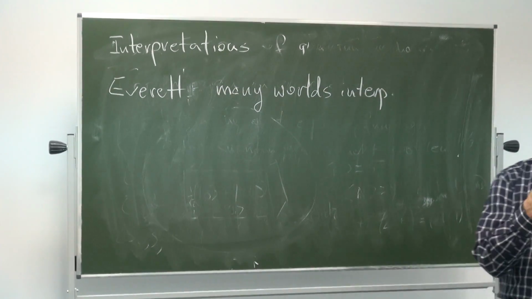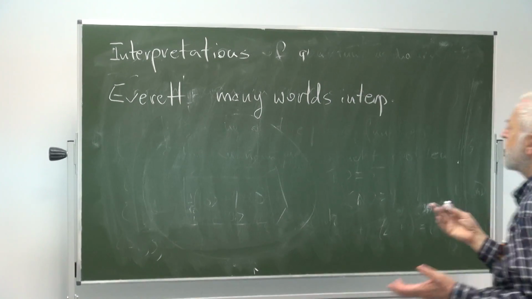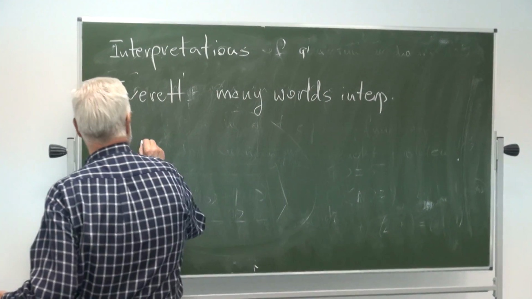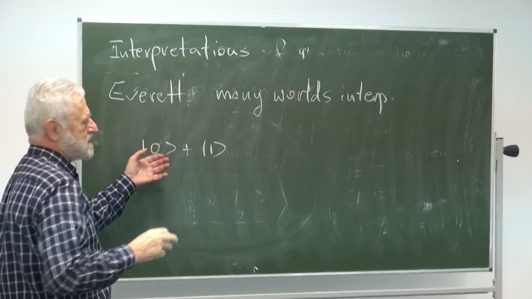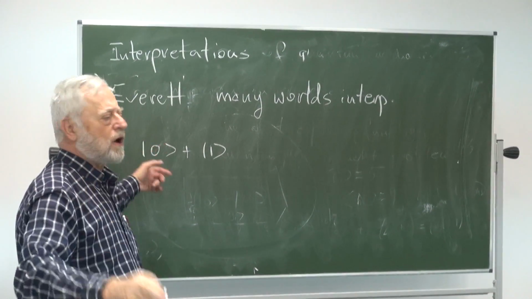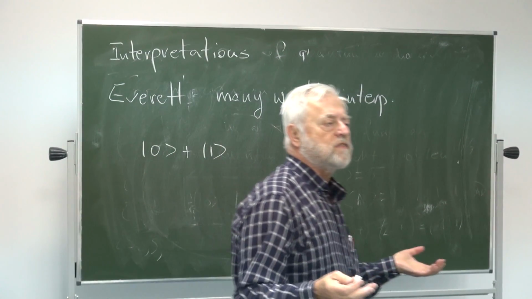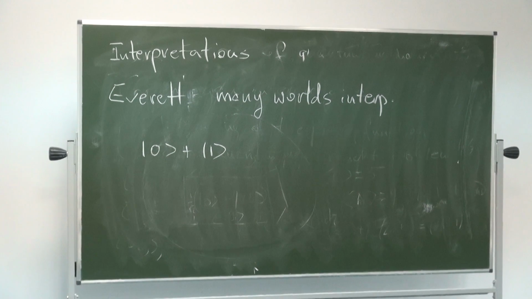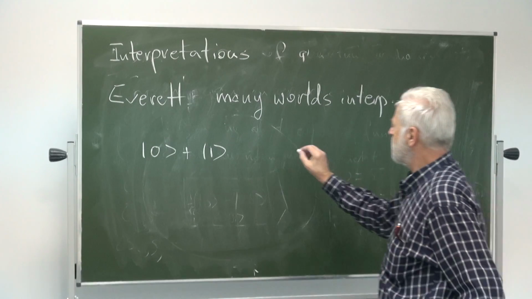You know, all this sudden collapse of the wave function can be viewed in the following way. Suppose we've got 0 plus 1, some value of, I don't know, momentum, or angular momentum, and we measure this angular momentum of this particular operator, and we've got value 1.